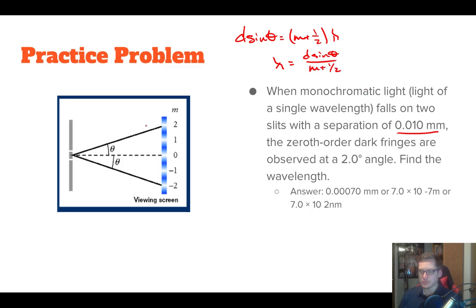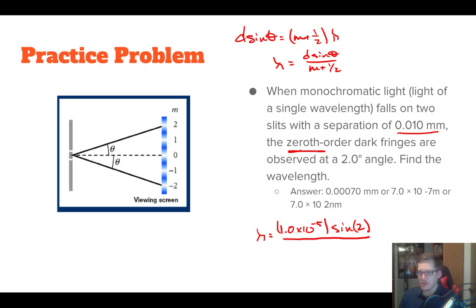In order to do this, all we have to do is plug these in. Our lambda is equal to our d value, which is 0.010 millimeters, so that would be 1.0 times 10 to the minus 5th meters. Then sine theta would be sine of 2 degrees, divided by m plus 1/2.